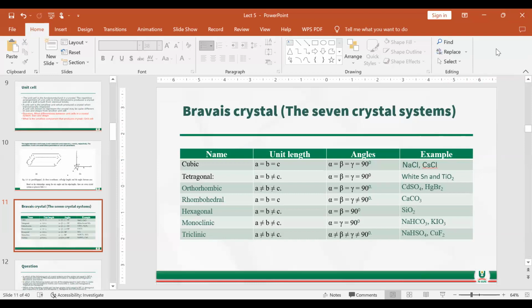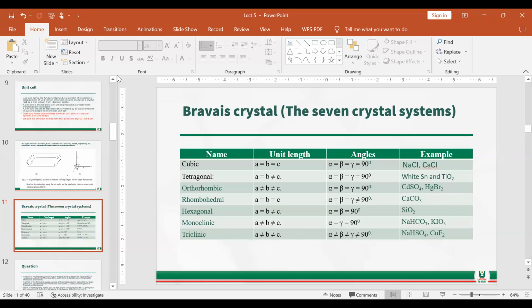So now let's move to another group where all the sides may be equal. The next one is the rhombohedral crystal. In the rhombohedral crystal, all the sides are equal, and all the angles are equal, but they are not equal to 90 degrees, unlike the cubic crystal.